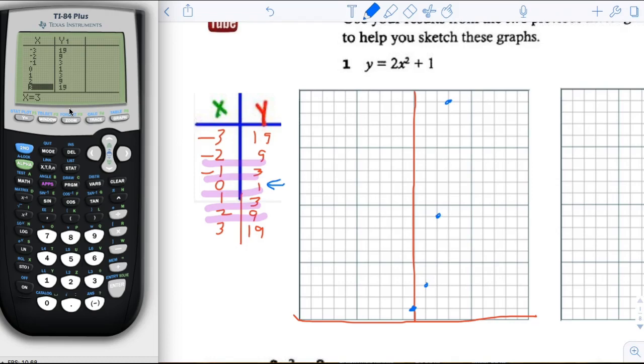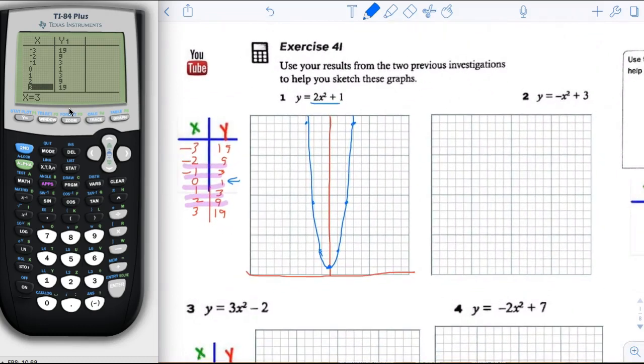And of course, if we reflect all those points around the axis of symmetry, we would have the rest of the points here. And then we connect them with a curve. Okay, so that is 2x squared plus 1.